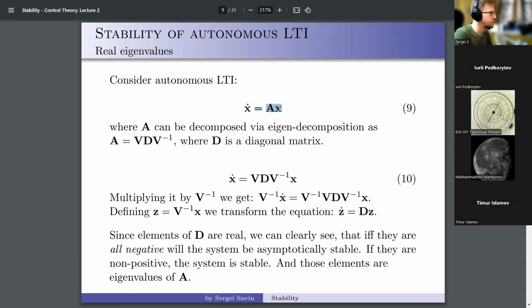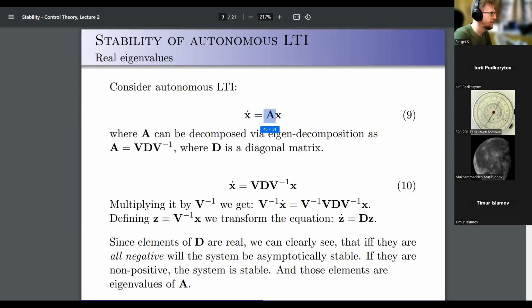Now let us put it into this system. Instead of matrix A, we put this V times D times V pseudo inverse here. Now we can multiply both sides by V pseudo inverse. So we multiply by V pseudo inverse here and here.